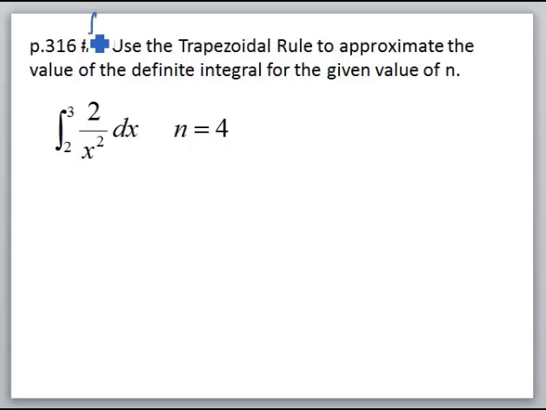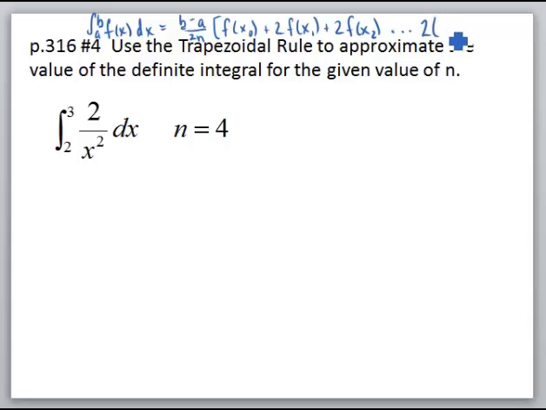So what it says is that if I'm going to evaluate the integral from a to b of f of x dx, I would take upper minus lower bound divided by 2n times f of x sub 0 plus 2 times f of x sub 1 plus 2 times f of x sub 2, dot dot dot, and then 2 times f of x sub n minus 1, and then plus f of x sub n.